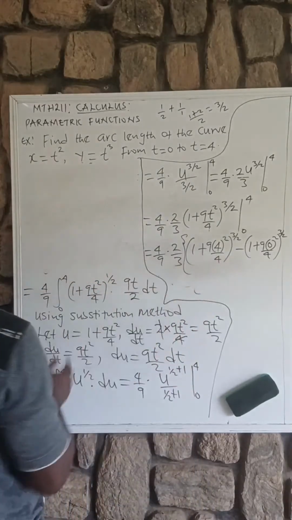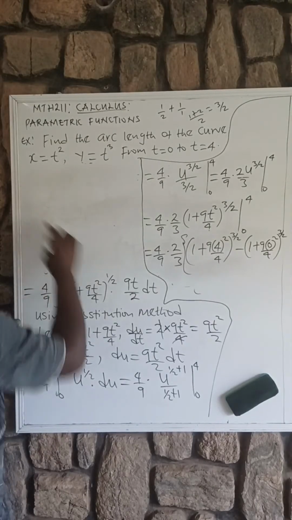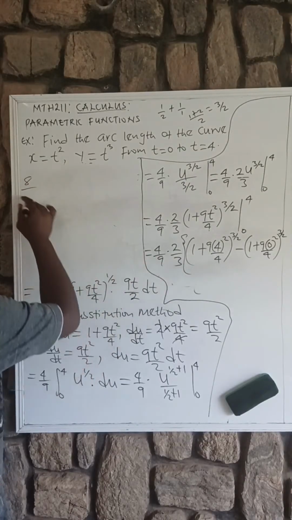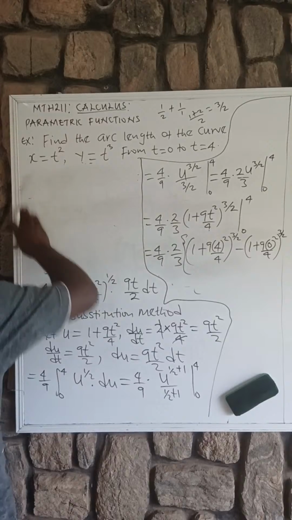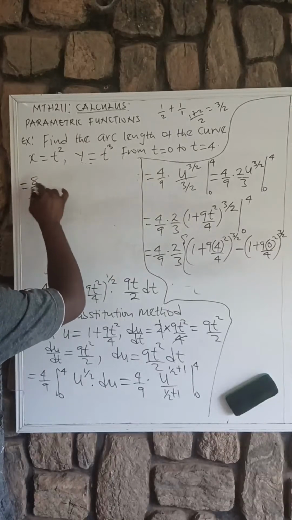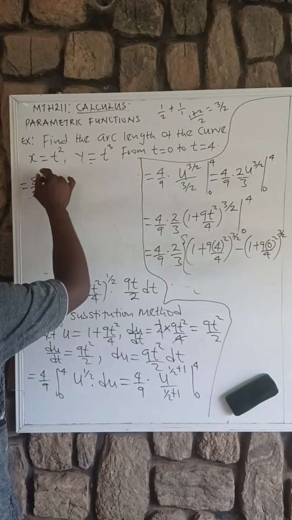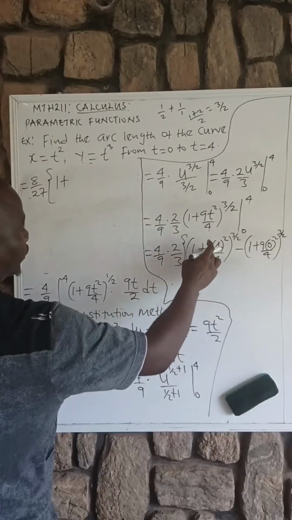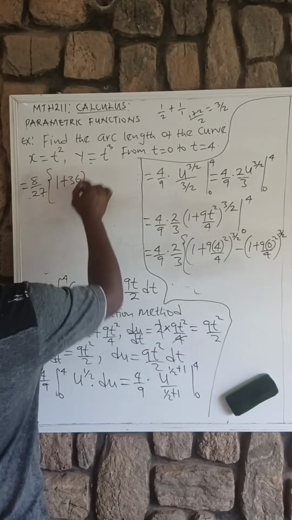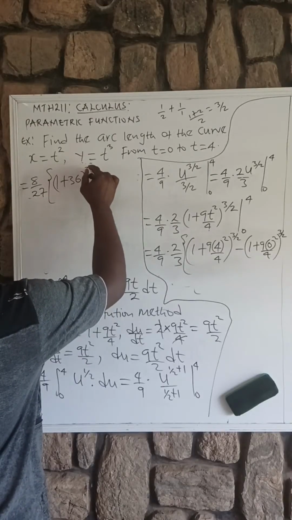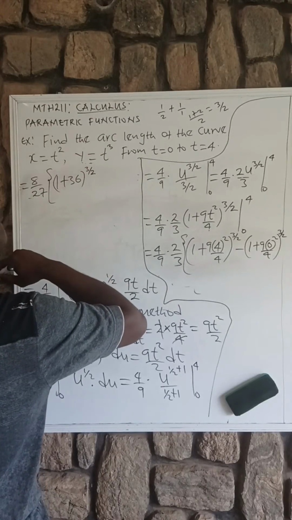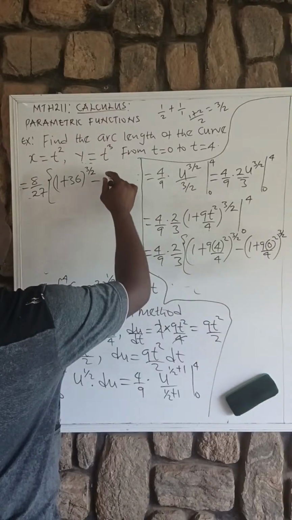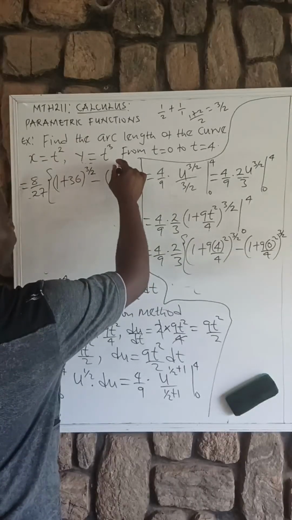So let's break it down. Let's just multiply this times this: 8 over 27, right? This is equal to 8 over 27, open bracket 1 plus 36 close bracket, raised to the power of what? True or false? Then minus, here will be 0, 1 raised to the power of.